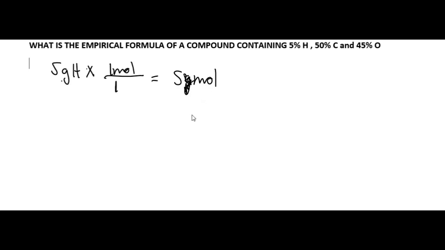And then we have 50 grams of carbon. So 1 mole is divided by, what's the atomic mass of carbon? 12.